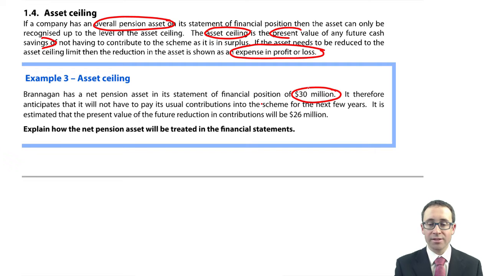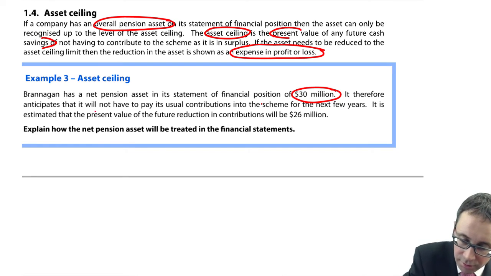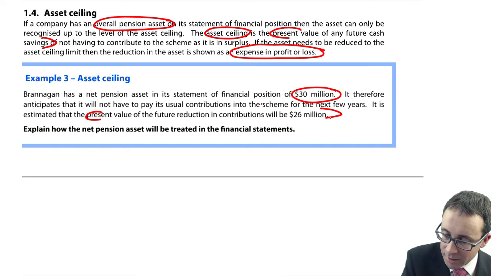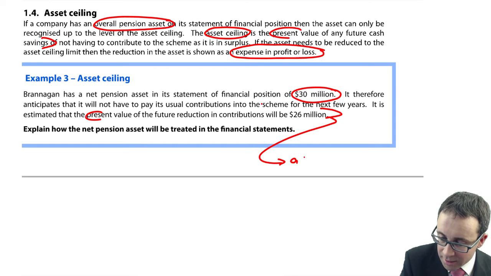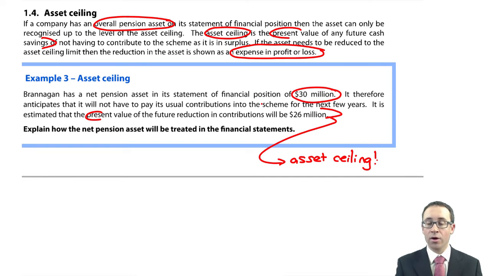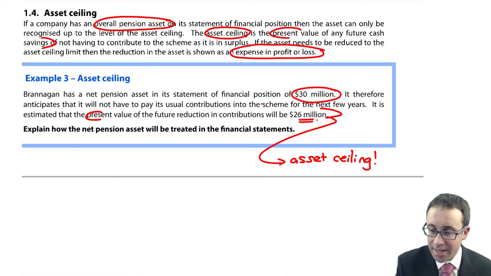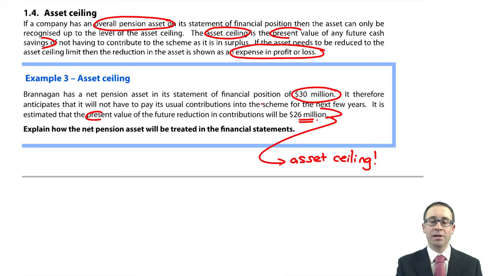It is estimated that the present value of the future reduction in contributions will be 26 million. So is that 26 million not referred to as the asset ceiling? Okay, so we cannot recognize the asset above the 26 million.